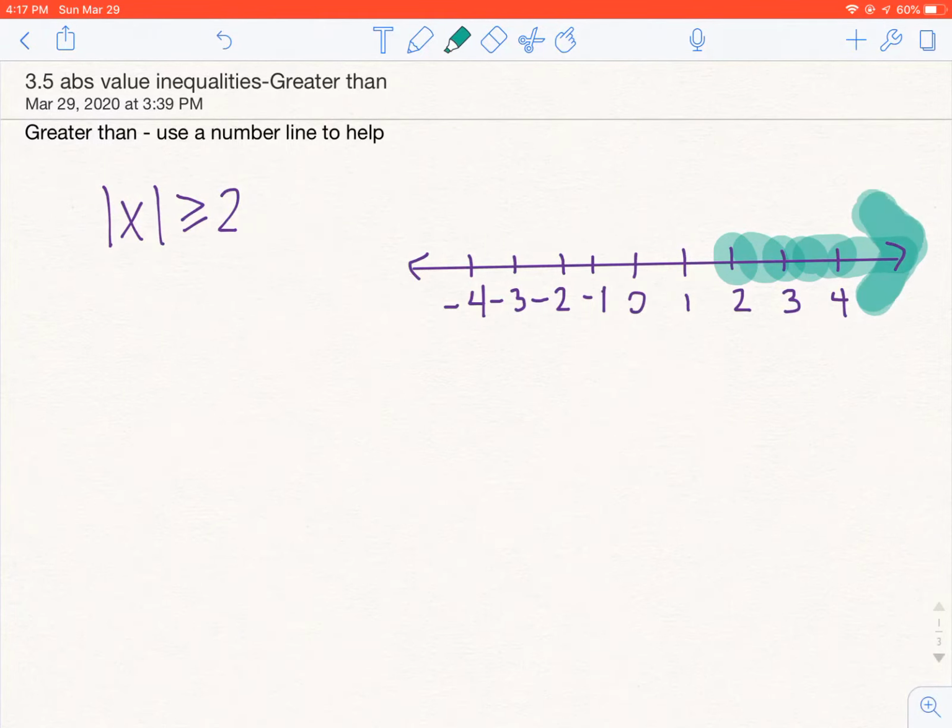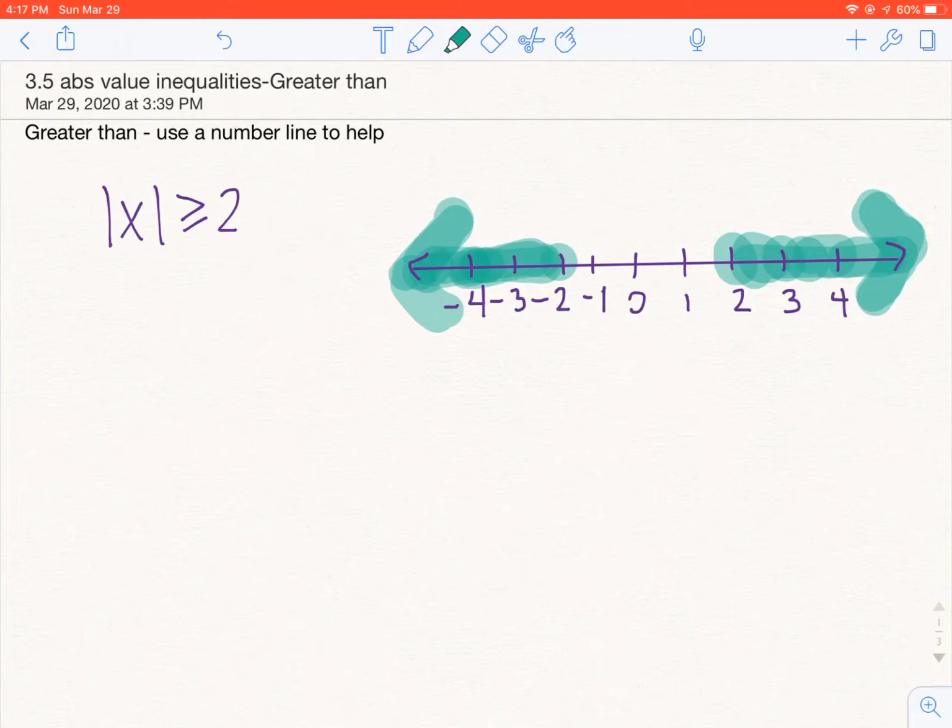But also we've got some negatives, because the absolute value of -4 is 4. That's greater than 2. The absolute value of -5 is 5. That's greater than 2. So anything this way is going to work, and it's going to go all the way down to -2. The absolute value of -2 is 2.